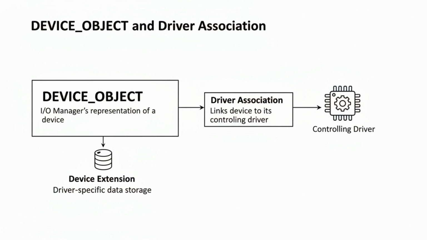This linkage is crucial for the I/O Manager to route requests to the correct driver. Additionally, a device object typically includes a device extension, which is a driver-allocated memory area used to store driver-specific context data. This allows drivers to maintain state information related to their managed device.